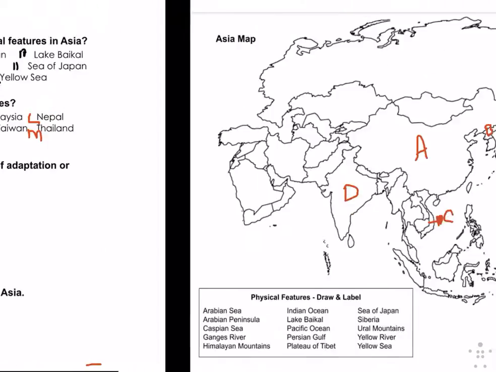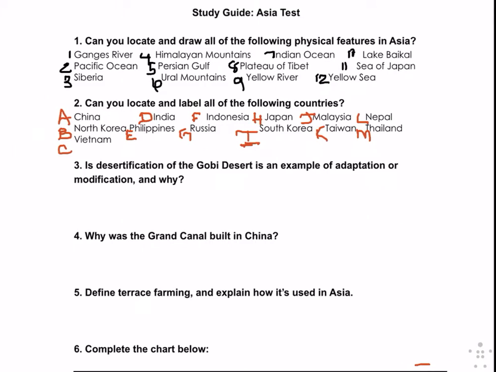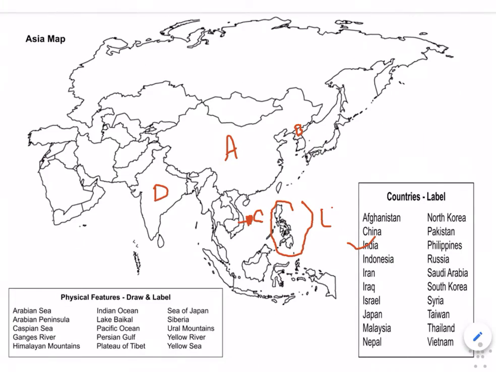I have an E, which is the Philippines. Now the Philippines I'm going to circle. What letter was that again? I'm sorry, it was E. Indonesia, again, is a bunch of archipelagos as well, so I'm going to circle it. Oh, sorry, wrong circle.